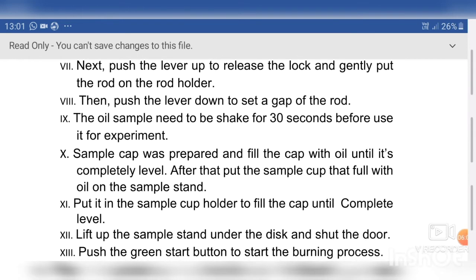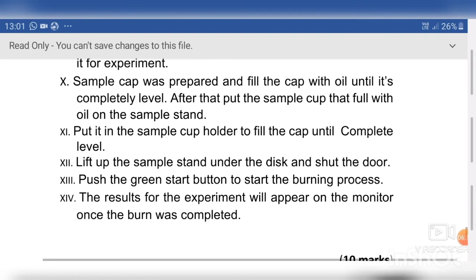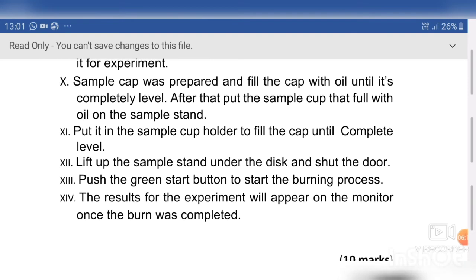Sample cups were prepared and filled with oil until completely level. After that, put the sample cup full of oil on the sample stand.